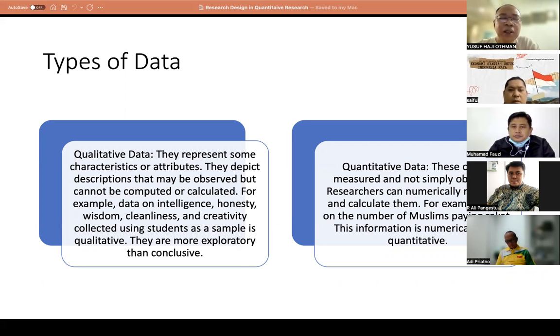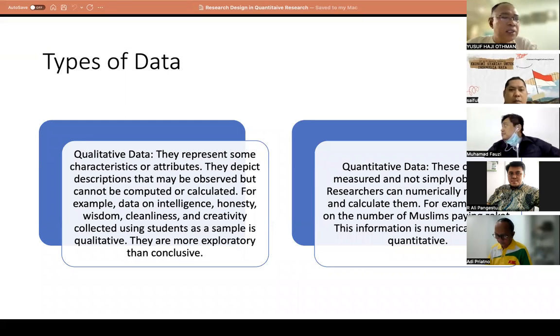If you want to study causality, yeah, the influence of mediating variables, or the influence of independent variables on dependent variables, you can choose multiple regression analysis that can be analyzed using SPSS.